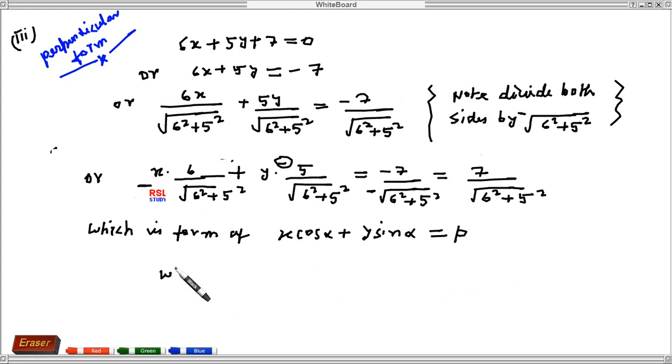This means I have multiplied a minus sign throughout the equation. Just see, which is the form of x cos alpha plus y sin alpha equal to p.